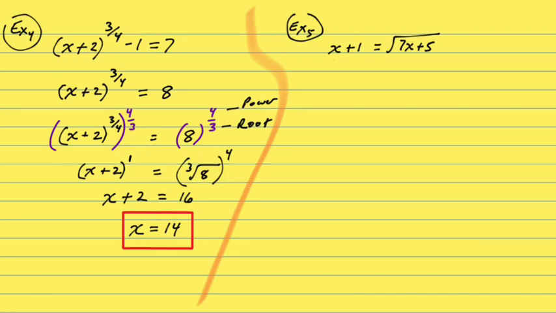Okay, example 5 is slightly different. To get rid of the square root, you're going to square both sides. So let me go back and rewrite it so I can use that for checking purposes. So I'm just rewriting this. To get rid of a square root, I square it.